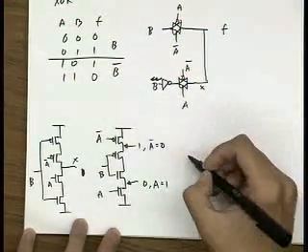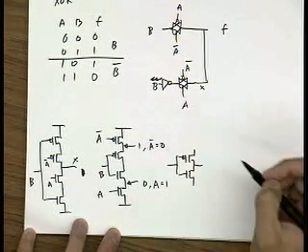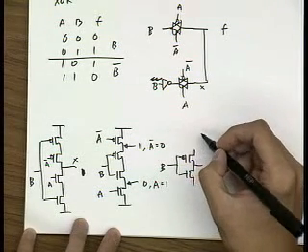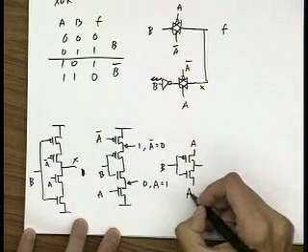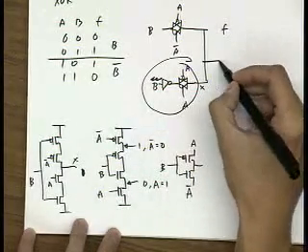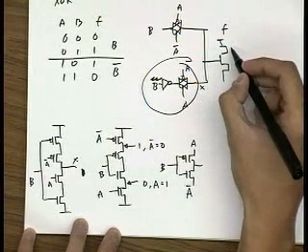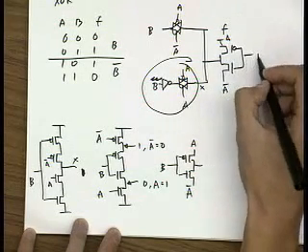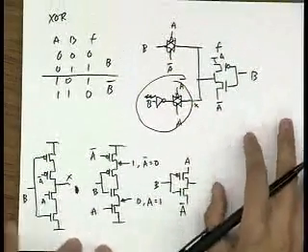So I can actually swap this B with A, and I can swap this with A bar. So instead of this whole thing, I have A bar, B. And this should be the same as the slides.